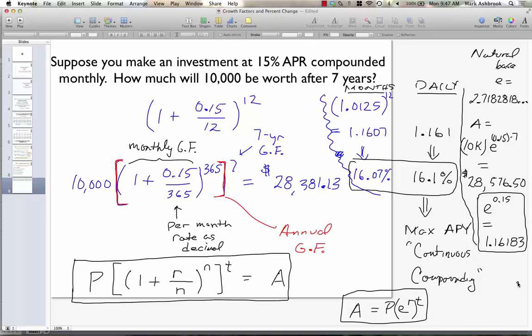Not the APY. The annual growth factor. Because you can see, you're taking that thing to the 7th and multiplying by P. So e to the r is your annual growth factor, which gives us that APY of 16.183%. Everything else being equal, that's the highest the APY can be when you do continuous compounding.